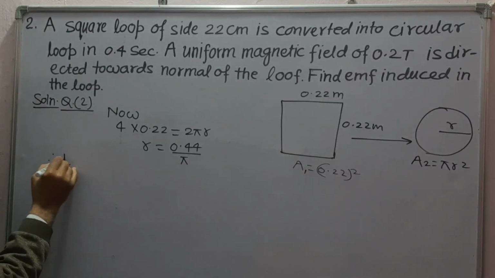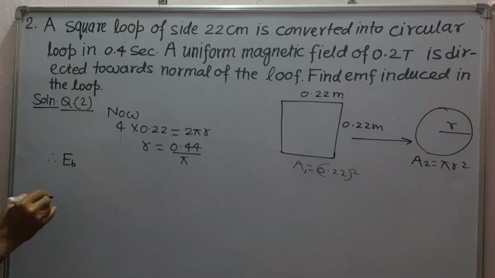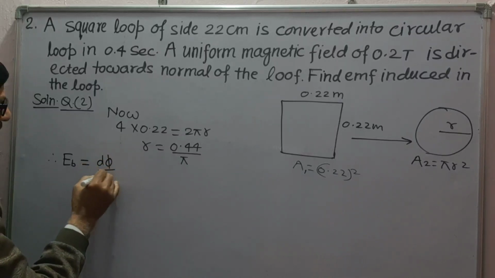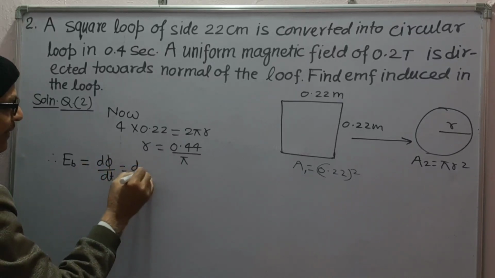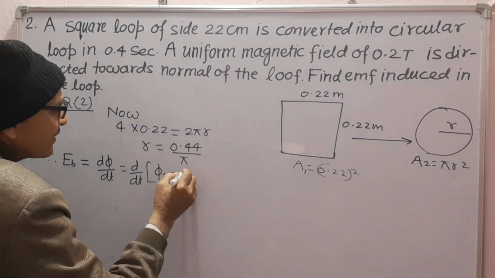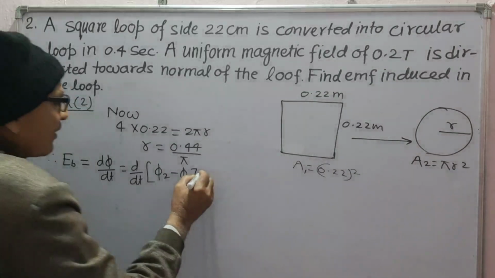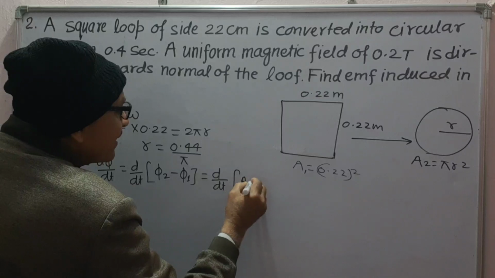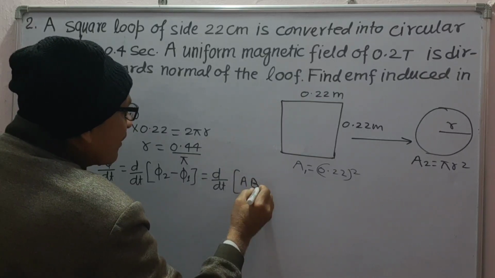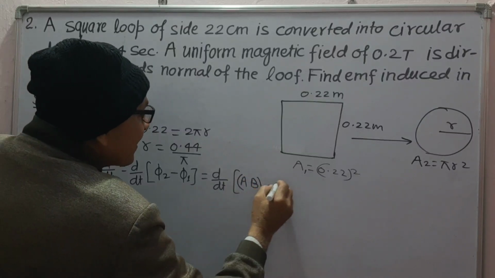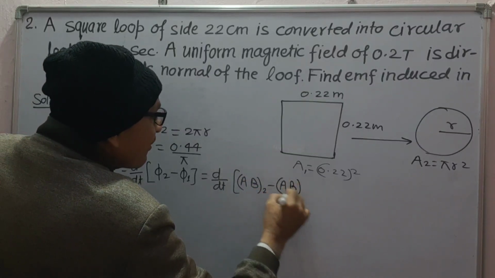Therefore back EMF induced will be equal to Eb is equal to d phi upon dt, which is d upon dt phi 2 minus phi 1, which is d upon dt AB2 minus AB1.